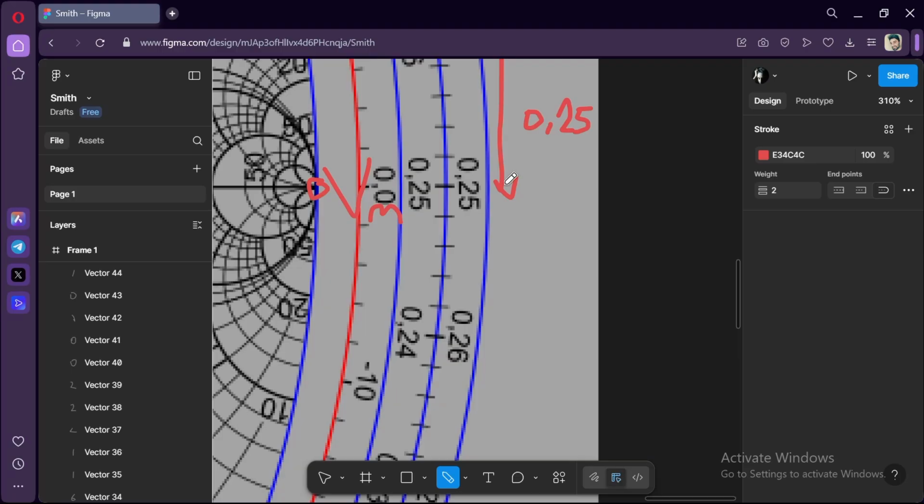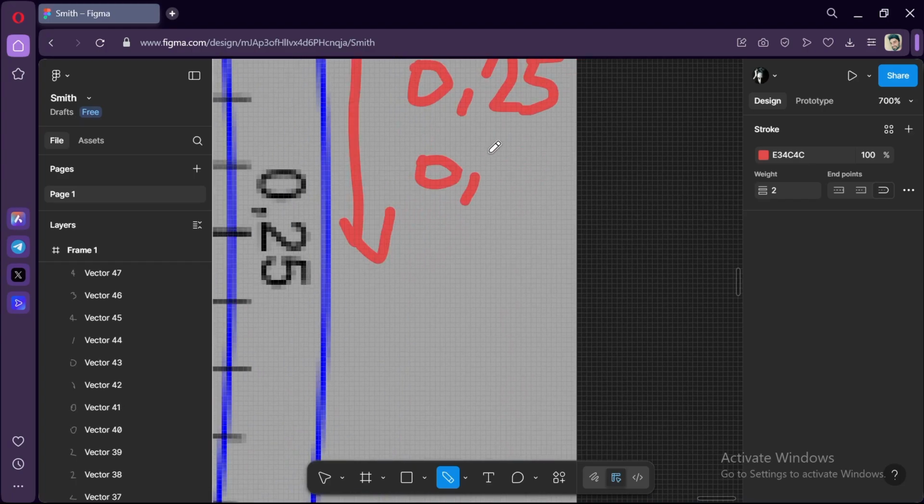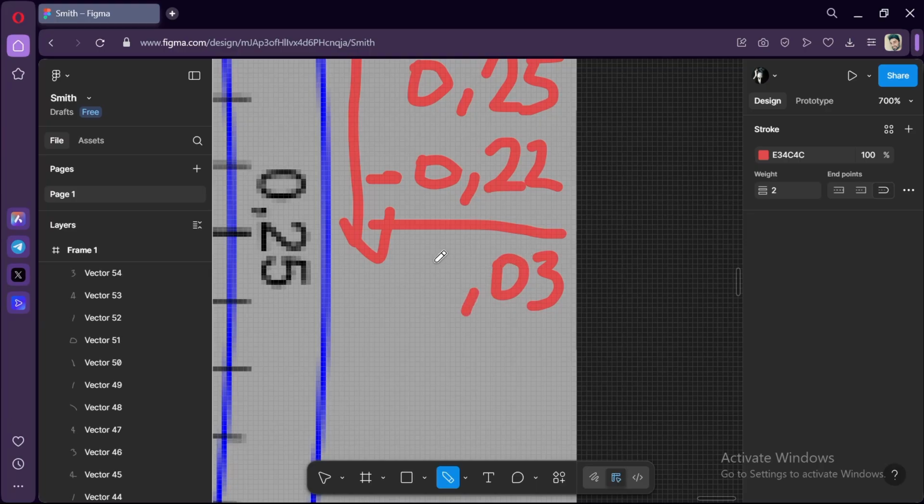So if we subtract, we will easily find the answer. This time we need to subtract, and this is the answer.